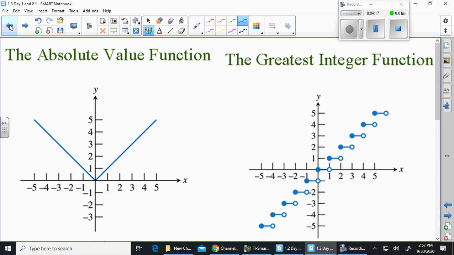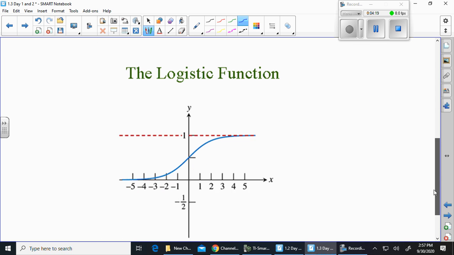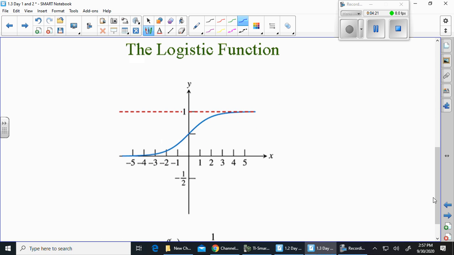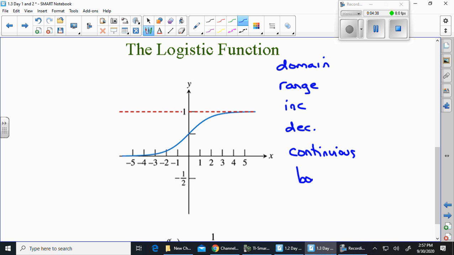So what would I do if I'm looking at these? What you should be able to do on that packet, you think the 10 things: domain, range, increasing, decreasing, continuous, boundedness, extrema. I'm just going to keep writing.